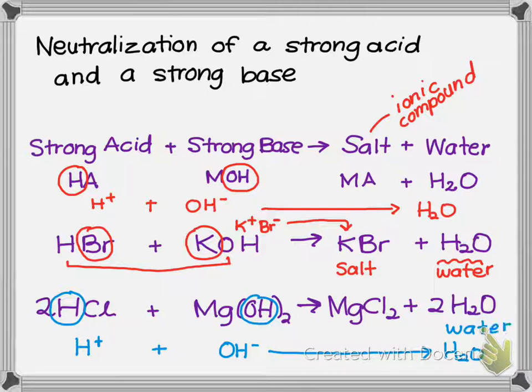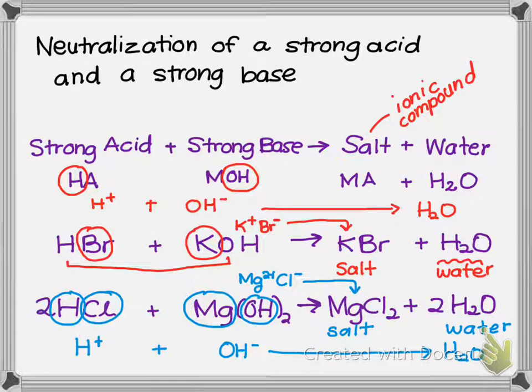It also makes a salt. This time I have magnesium, the metal, going with the chloride. Magnesium is a 2 plus, and chloride is a 1 minus. So we get the formula magnesium chloride from my ionic compound, and that's my salt.